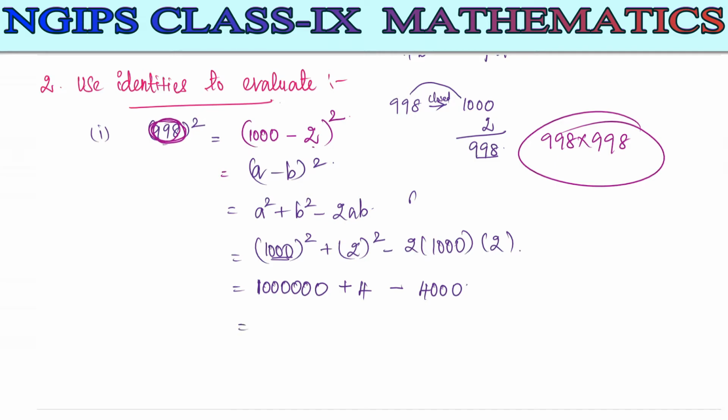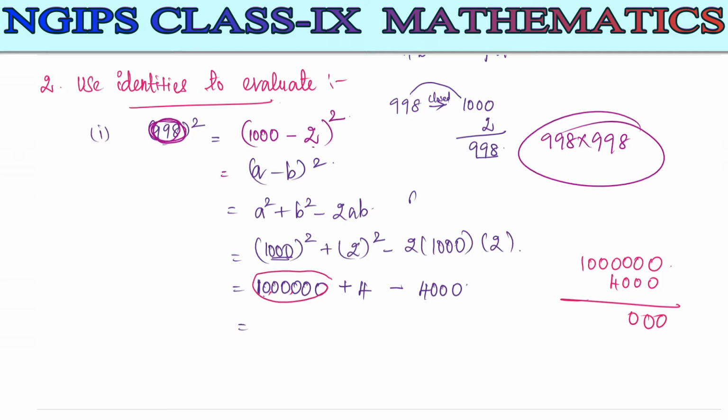So we got here. Now listen carefully. If you look at these values, we have totally 10 lakhs. So from 10 lakhs, if you subtract the 4000, what will be the answer? 1 2 3 4 5 6 zeros. From this we are going to subtract 4 followed by 3 zeros. 0 minus 0, 0 0. Here also it is 0.